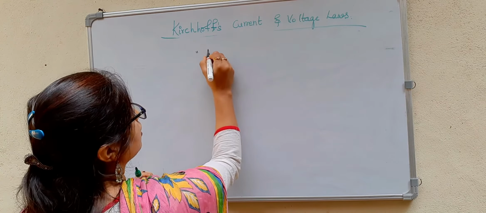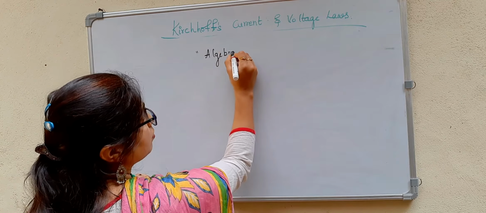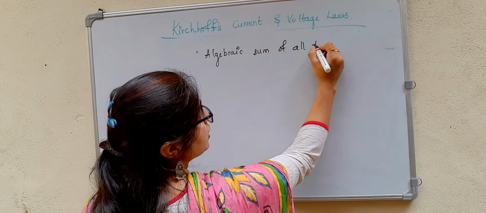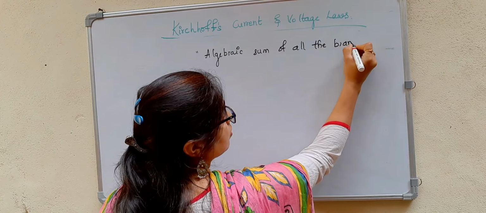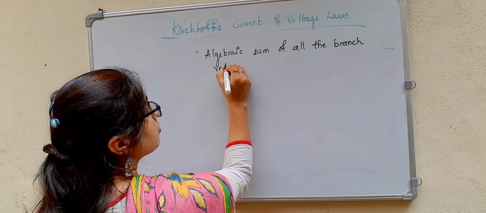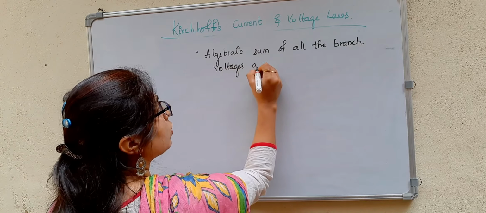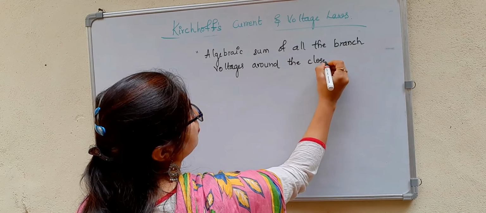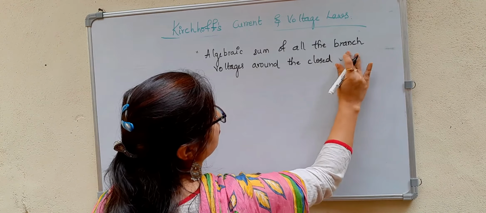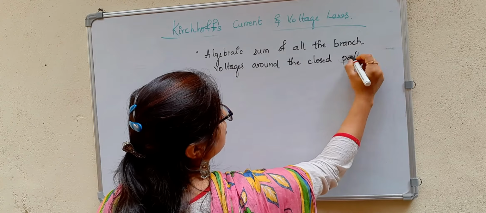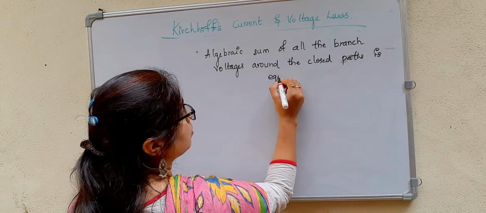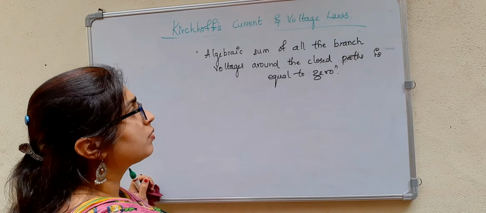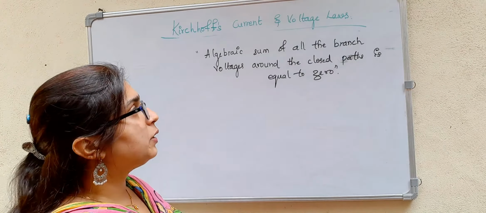It says that the algebraic sum of all the branch voltages around a closed path is equal to 0. This is the statement.